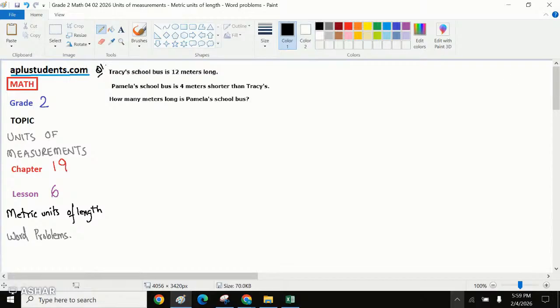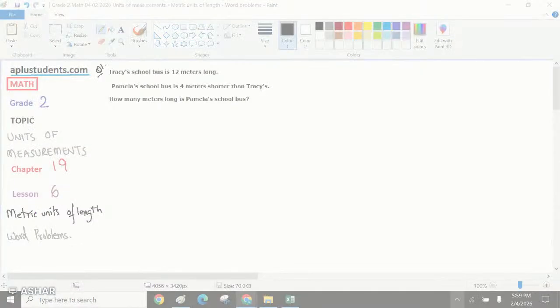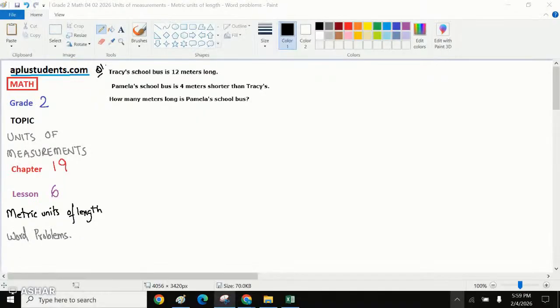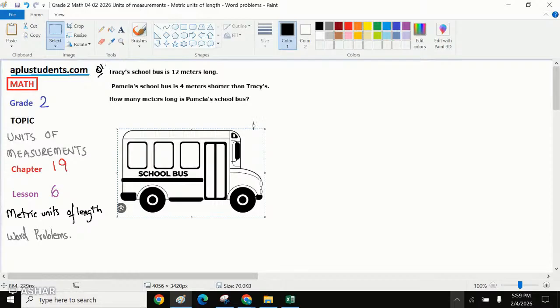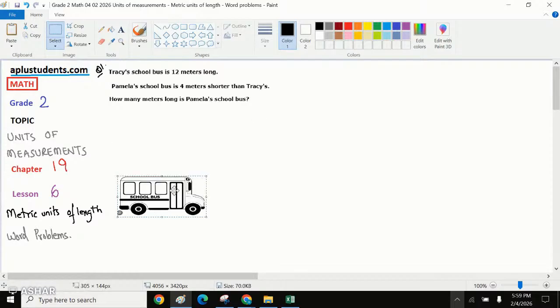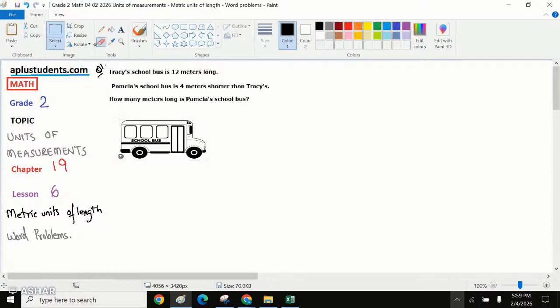So what we can do is, we can use a clip art. Let's use a clip art for this. If this is the bus given to us, so if we say in the clip art, if this was the first bus given to us, and they're saying Tracy's school bus is 12 meters long, right?